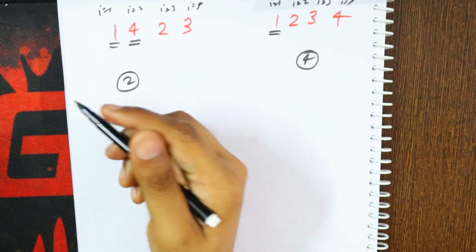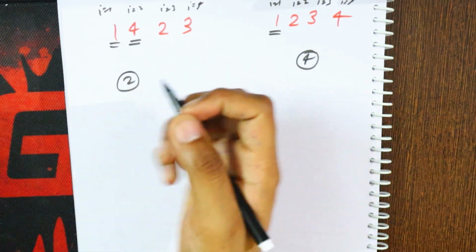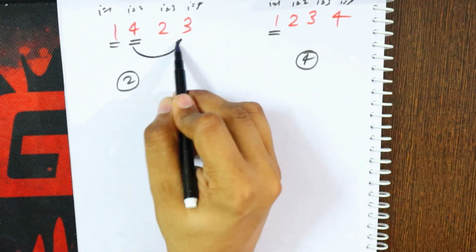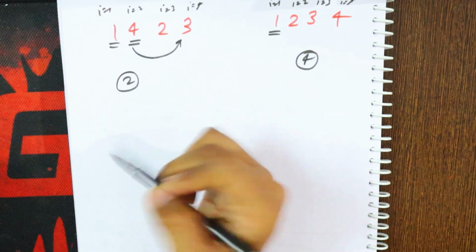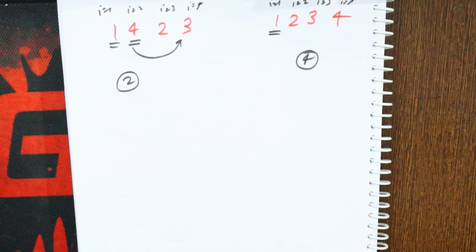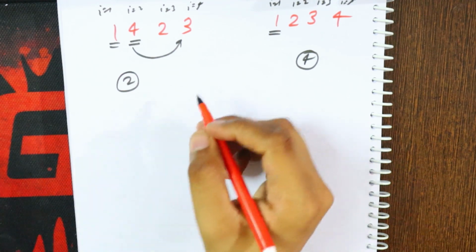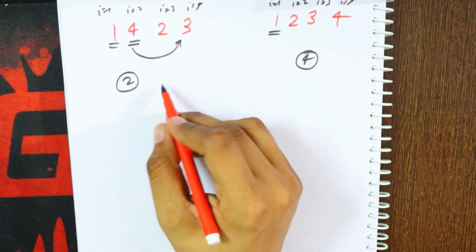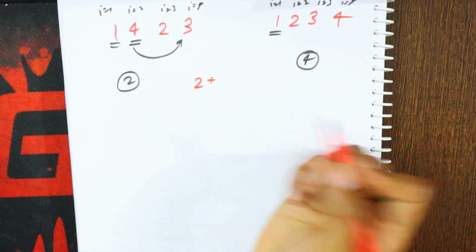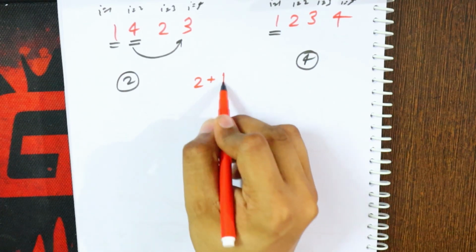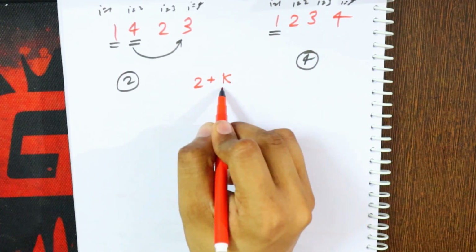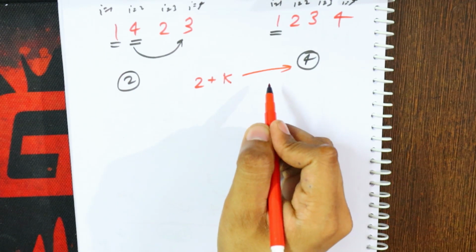So is it right or wrong? See, it is right, because basically it can move to index 4. But how to write it? It can be written down by saying that if I add something to my index, which is k, I will get this.